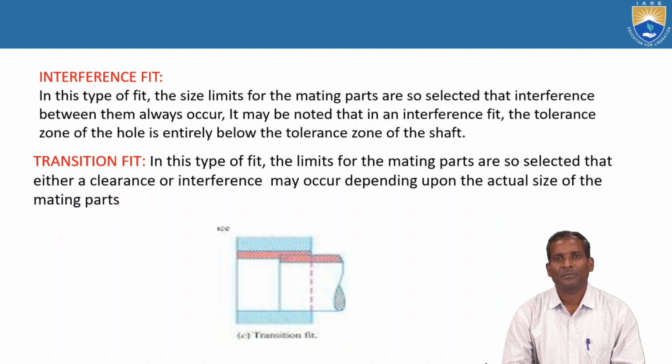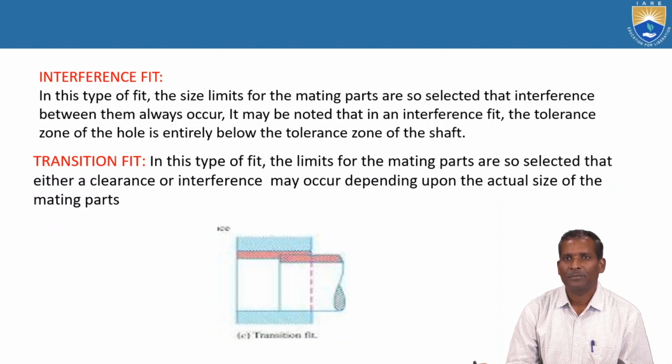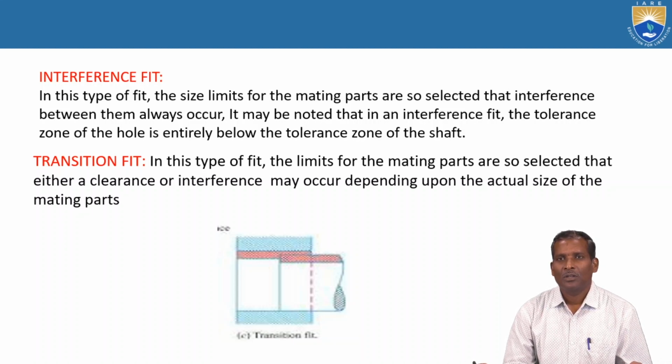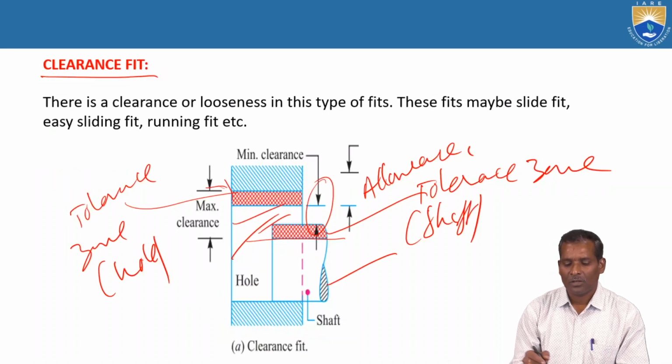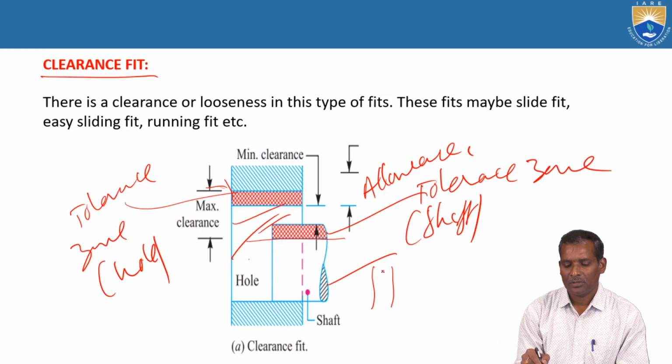Next, interference. In this type of fit, the size limits for the mating parts are selected so that interference occurs between these two mating parts. The tolerance zone of the hole is entirely below the tolerance zone of the shaft. Suppose this is the tolerance zone of the hole.